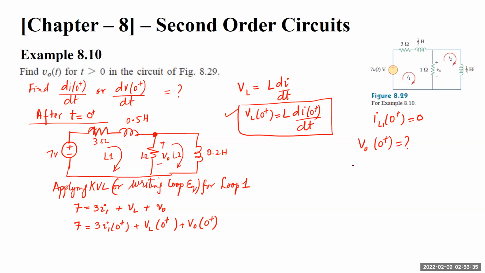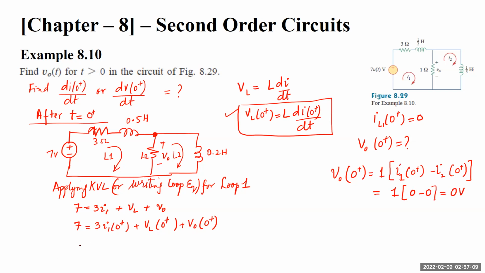It is across the 1 ohm resistor, and the overall current flowing is I1 at 0 positive minus I2 at 0 positive. If this loop is I1 and this is the loop I2, then it is I1 minus I2 at 0 positive. Both of these currents are 0, so 0 minus 0, and overall this value is 0 volts. So V naught at 0 positive is also 0 volts.